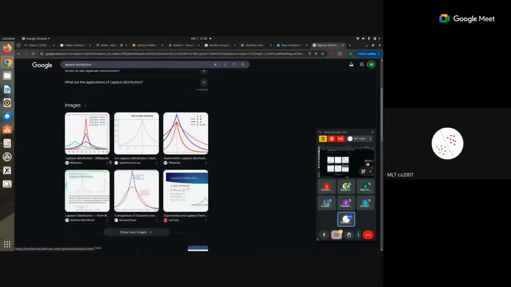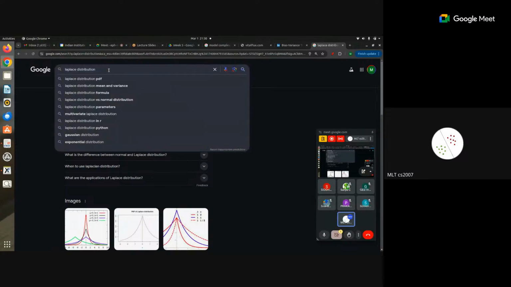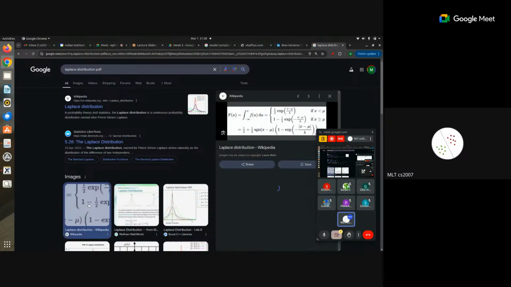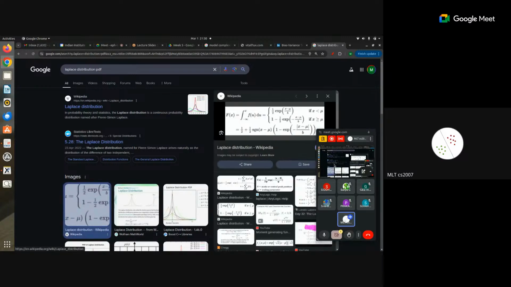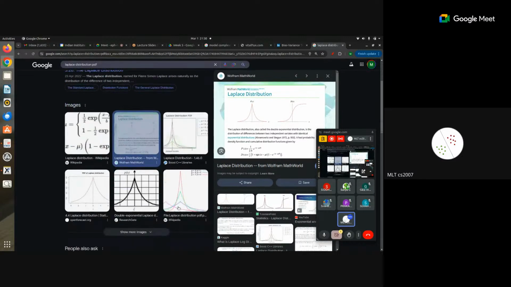I think it has a PDF. Okay, this is like this. It's complicated, right? Because its graph will be like this. Sir has mentioned it somewhere in the lectures also. It will not look proper.